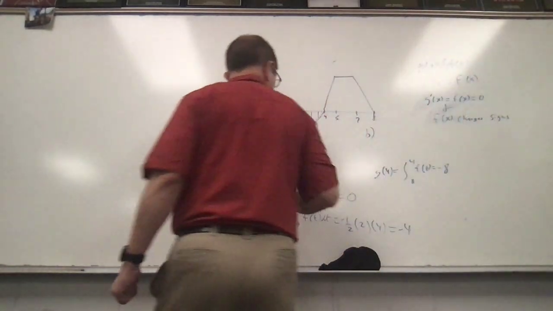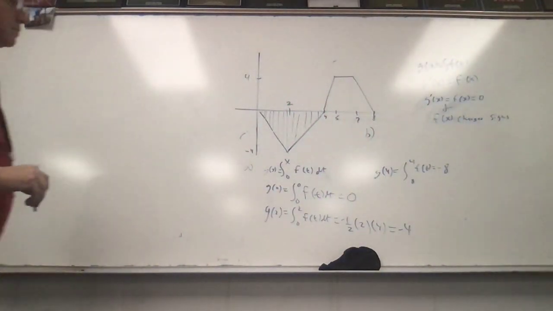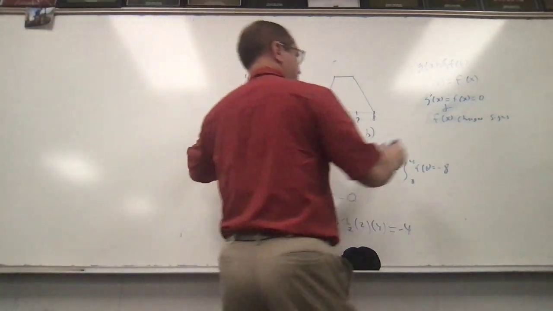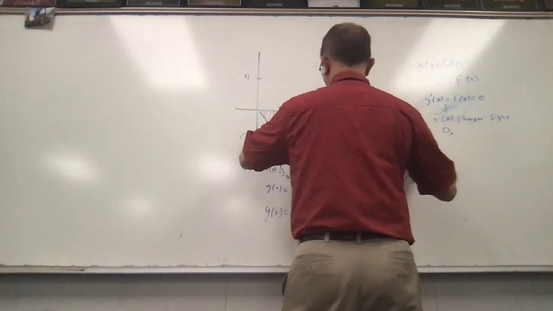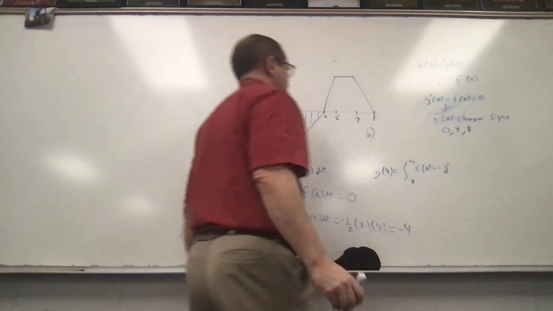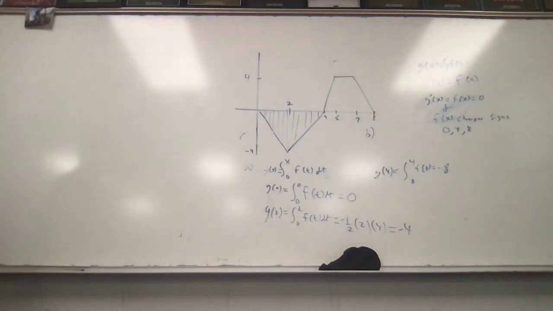So that would be, all right, at 0 I'm going to have an extreme value. At 4 I'm going to have an extreme value, and at 8 I'm going to have an extreme value. Does that make sense?